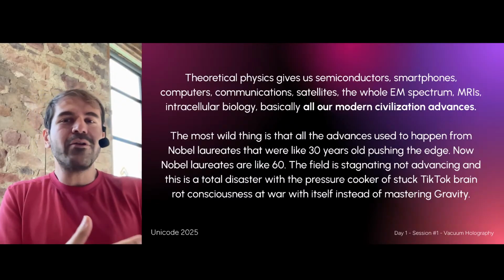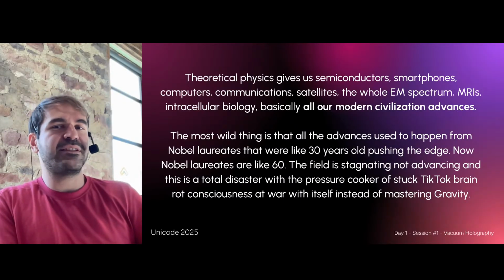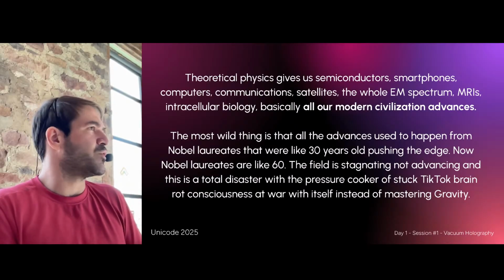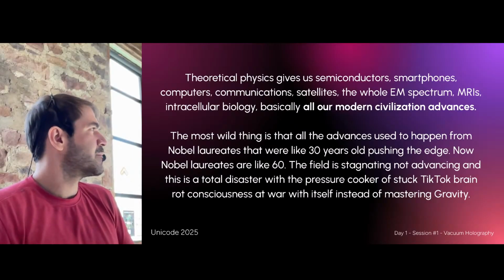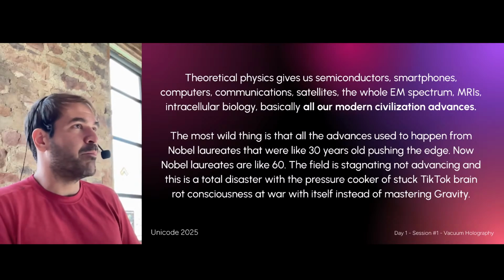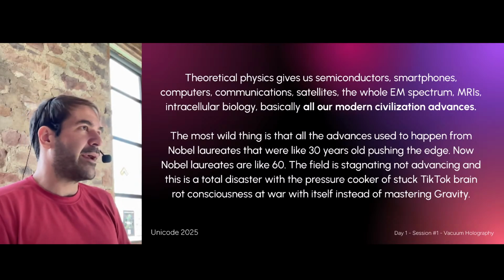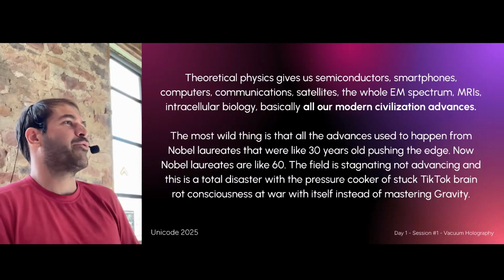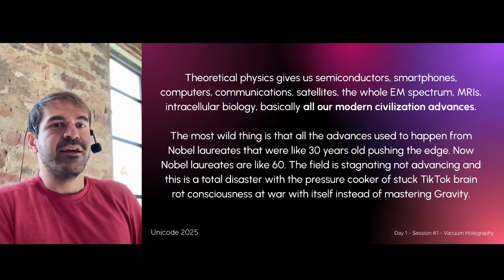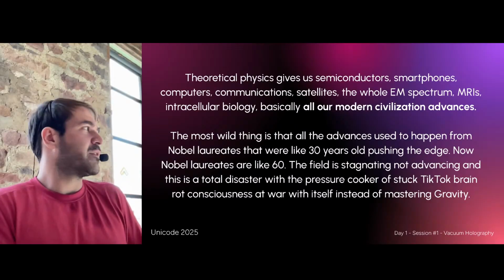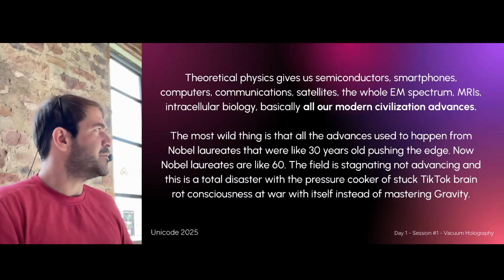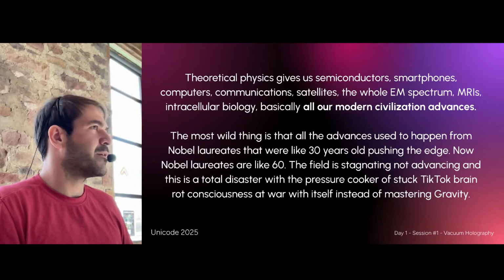And the most wild thing is that all of the advances used to come from Nobel laureates who were around 30 years old, pushing the edge. So Heisenberg, Bohr, Dirac, Einstein, you're around 30 years old and you're pushing the edge in physics. And now Nobel laureates are like 60 years old. They're like double the age 100 years later.